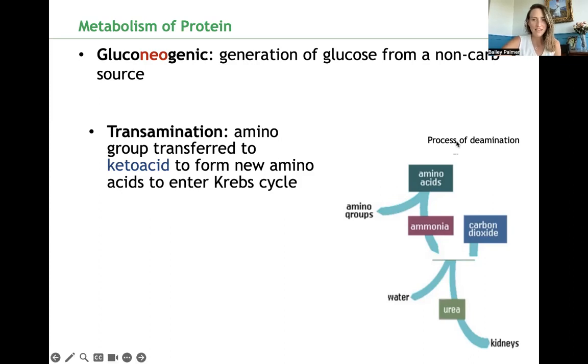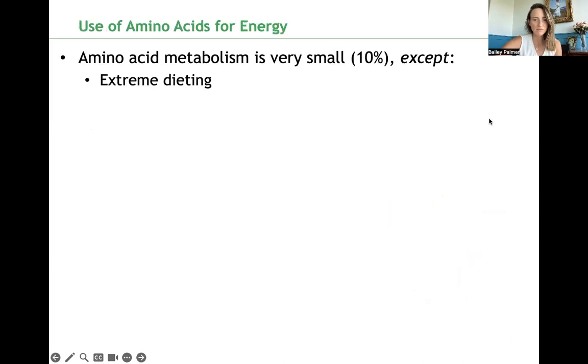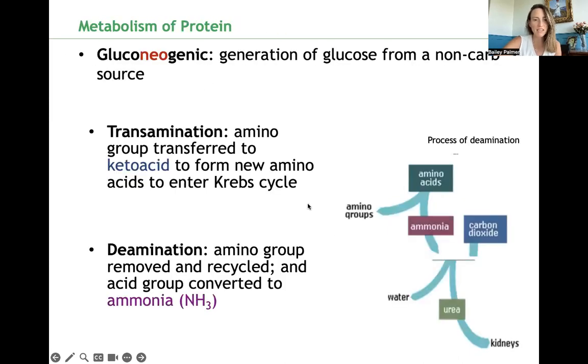The next type is deamination. Deamination is when our amino group is removed and recycled. So when we say recycled, it just means the components of that amino group were either turned into glucose or pyruvate or acetyl-CoA. So basically taken apart and recycled by the body so we can use it to make something else.